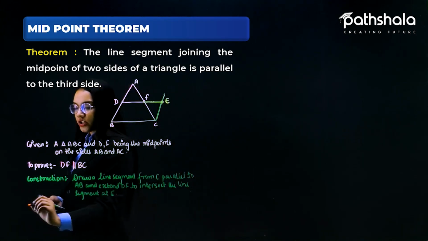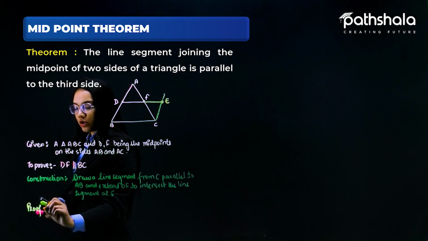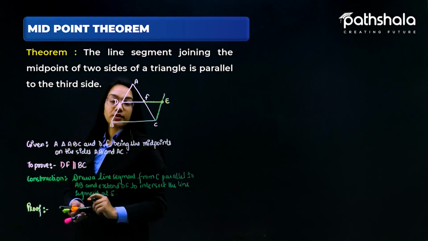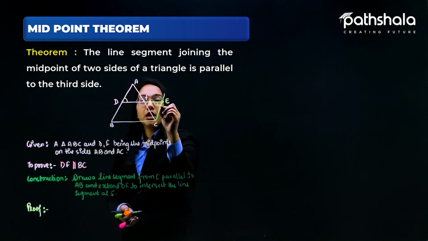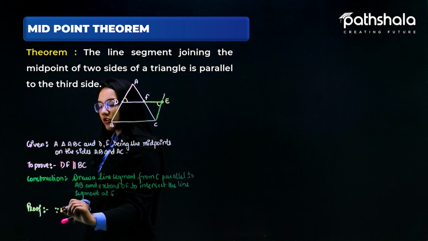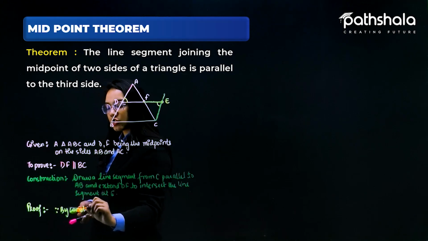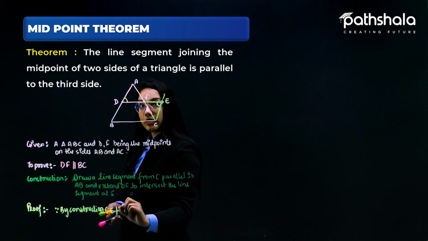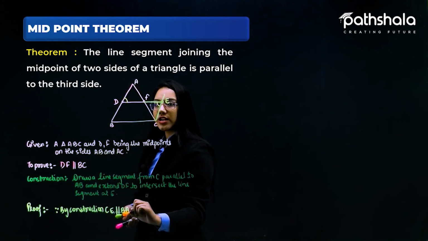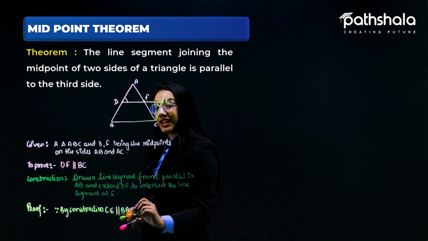Now let's start the proof of this theorem. Let's look at this angle and this angle. By construction we know that CE is parallel to BA.